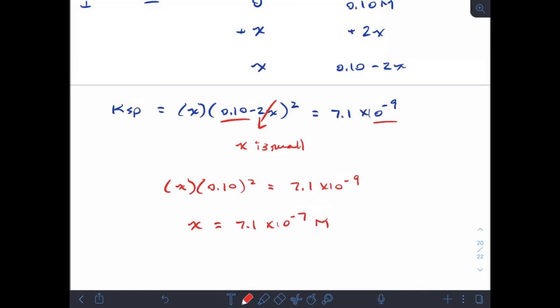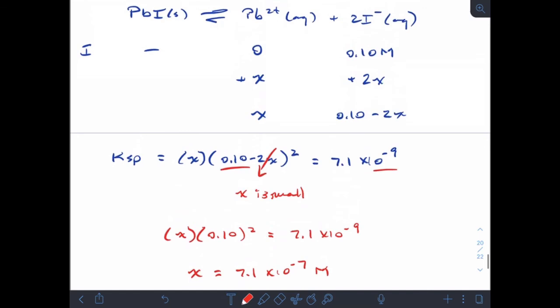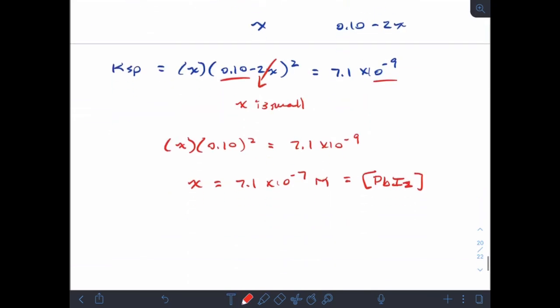Right, and if we went through, we could calculate this. So this is technically the lead concentration, but this also equals the lead iodide concentration because of the 1-to-1 ratio. Right, so our molar solubility means that 7.1 times 10 to the minus 7 moles per liter of lead iodide will dissolve.